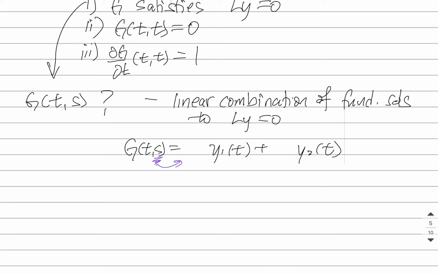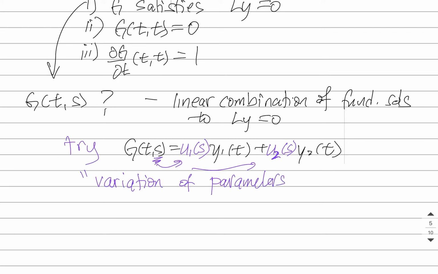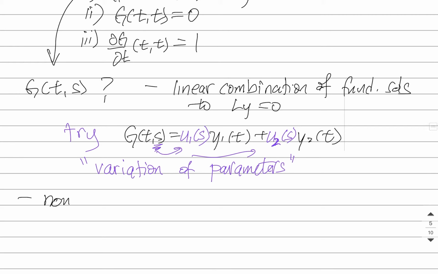I'm going to say that these things are going to be functions of s. So I'm going to call them u1 of s and u2 of s. This is what's called variation of parameters. Now, we are going to find u1 of s and u2 of s by using those other two conditions.